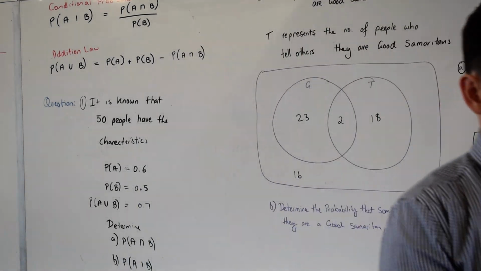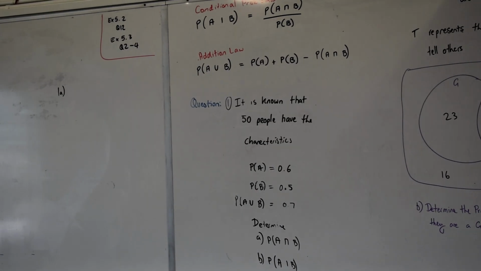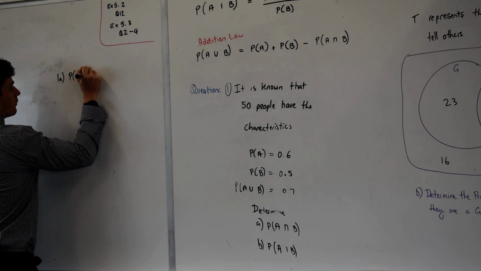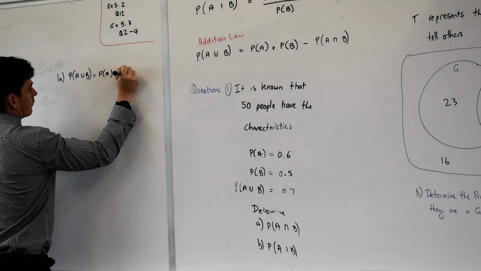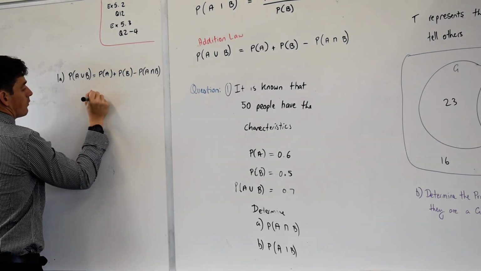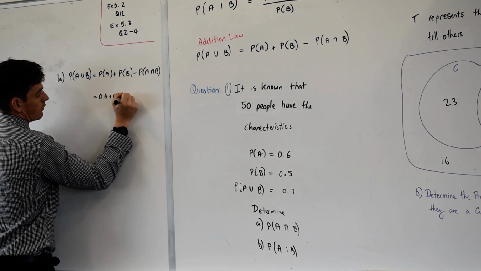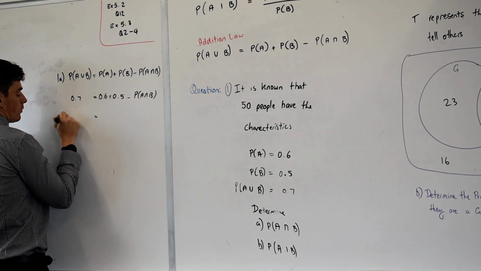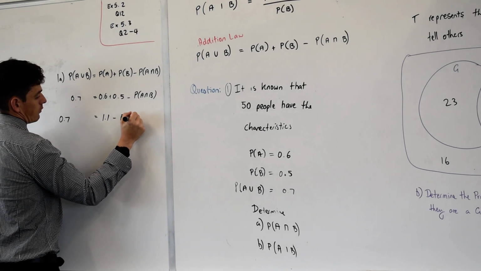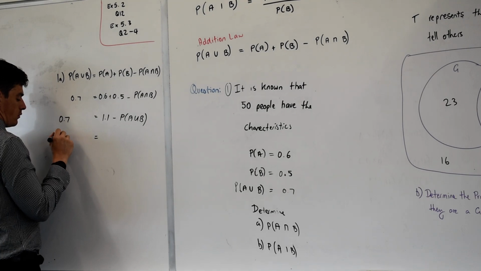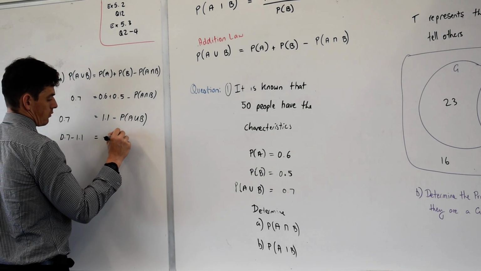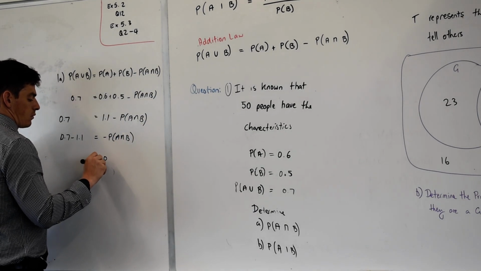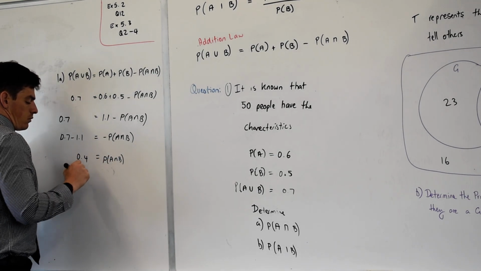So I'll get us to write the addition rule out and then substitute in the next line, substitute in all our values. We've got 0.4.